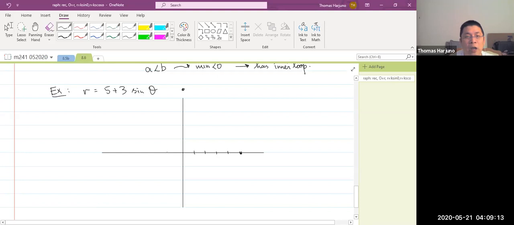Then when theta equals -90 degrees, that's 2. So you expect the graph to be like this. I say just a rough graph. So at least you tell me that it's symmetric about the y-axis and it doesn't have a loop. I can even say that the furthest it can go is 8, the closest it can come is 2. You see what I mean?